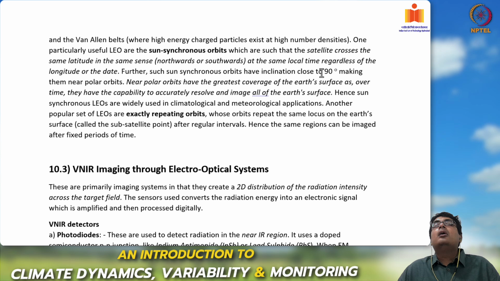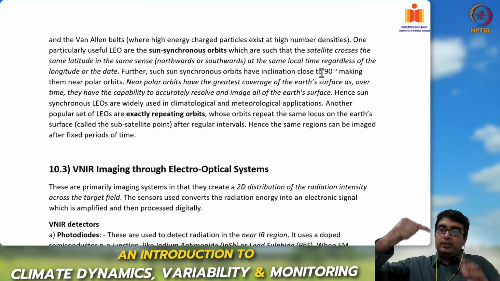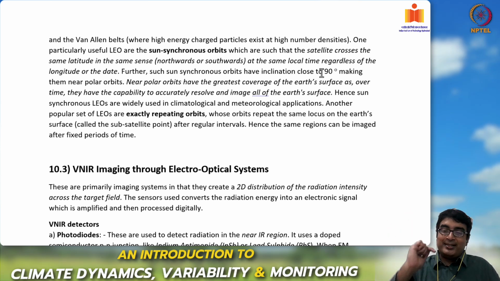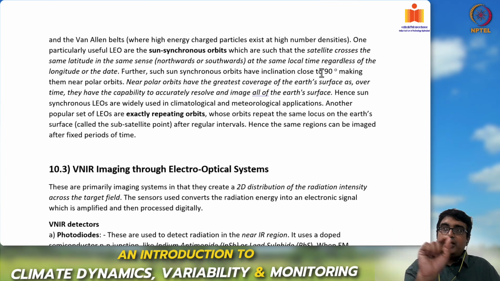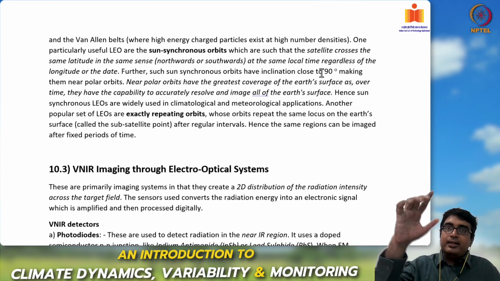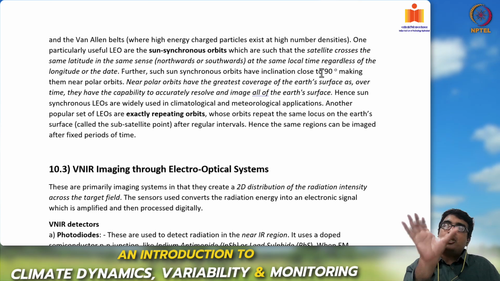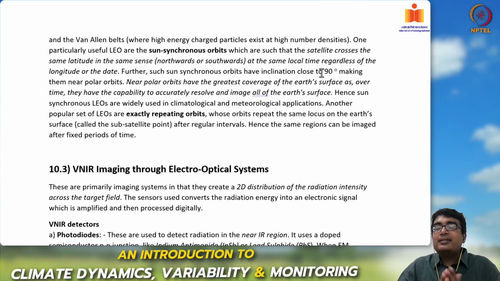What this means is, as the Earth rotates and the satellite rotates, the Earth is rotating east-west and the satellite is rotating at 90 degrees, north-south. So each orbit is covering different parts of the Earth's surface, right? Because the Earth is rotating at 90 degrees with respect to the satellite. Hence, these have whole Earth coverage.